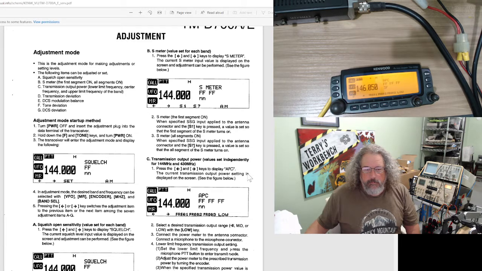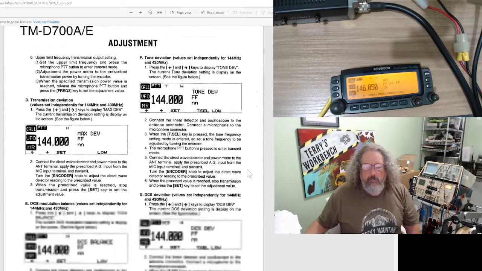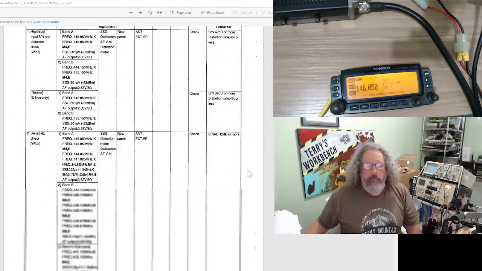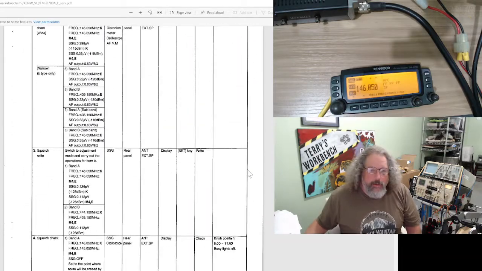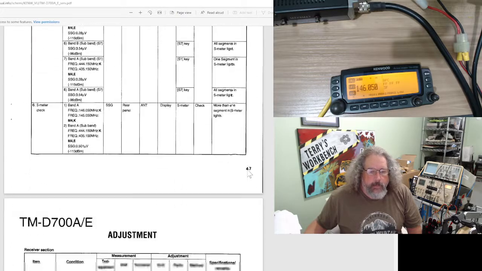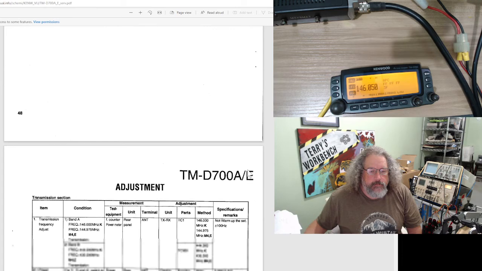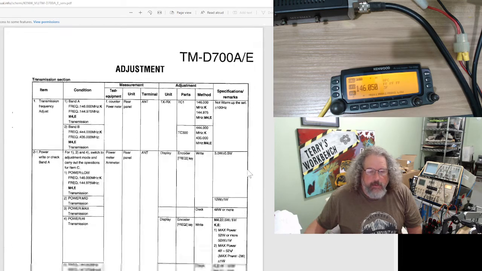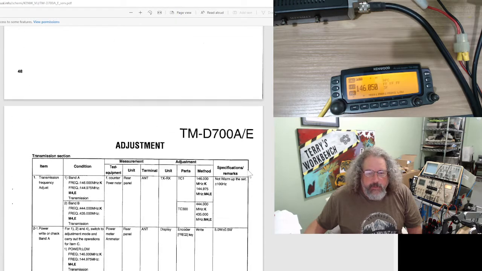All right, so now I understand what we're doing here. Okay, don't care about transmit frequency adjust.